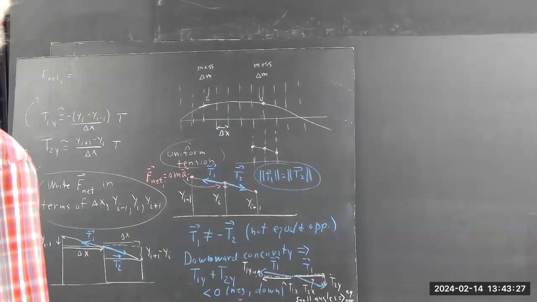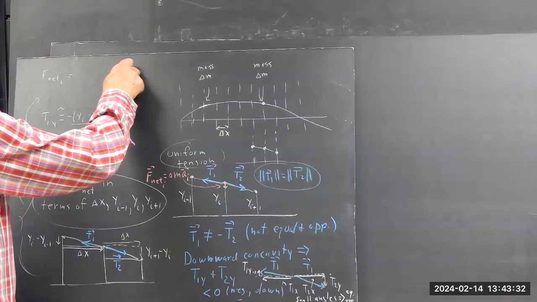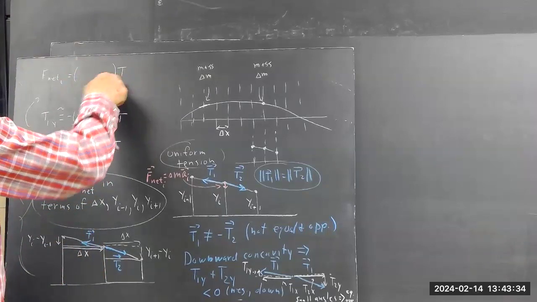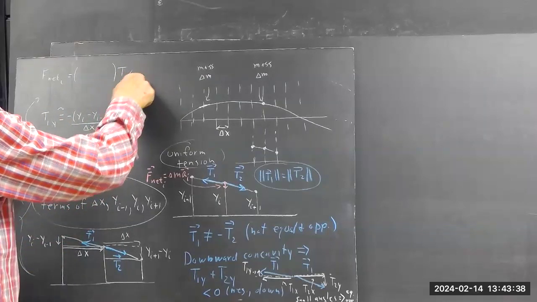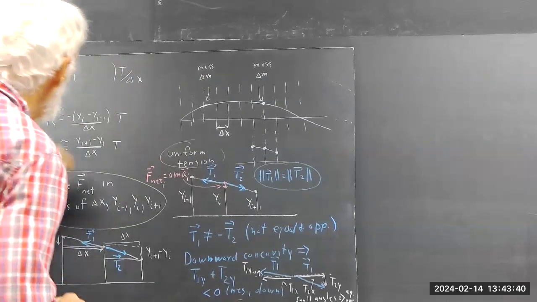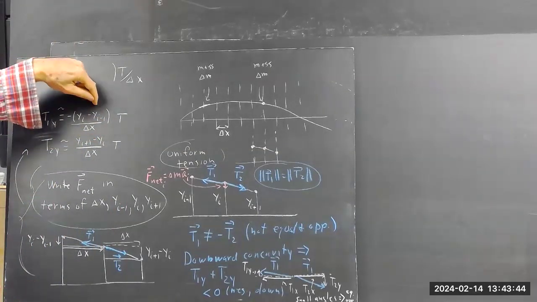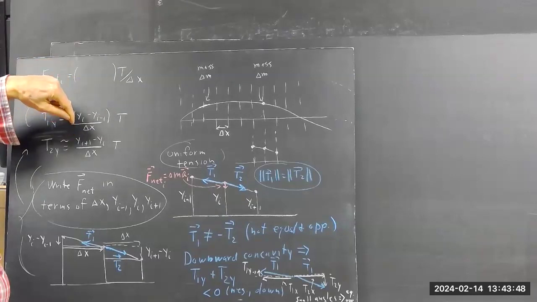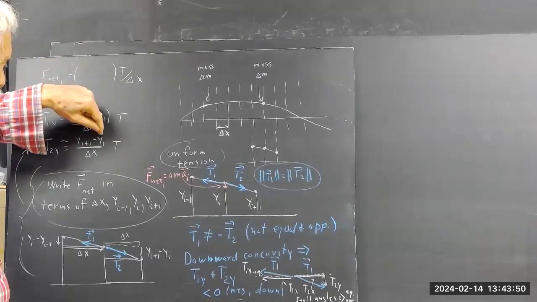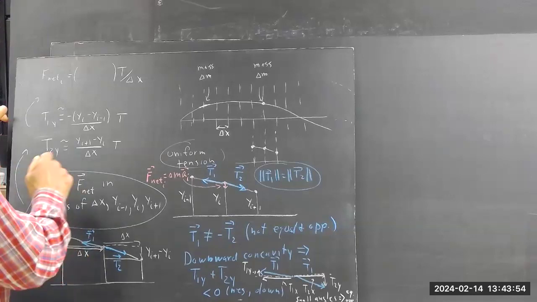Well, T is a factor of both of these, so T is going to be out here, and delta x is going to be out here. So we'll just put T over delta x out here. And now we can just take the y's. Well, this is y sub i minus 1 minus y sub i, and this is y sub i plus 1 minus y sub i.